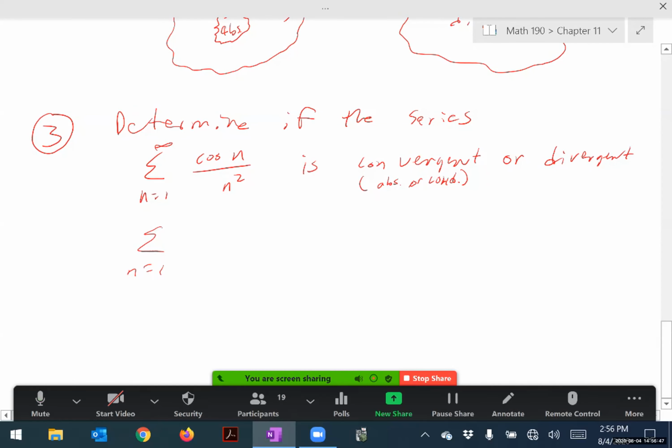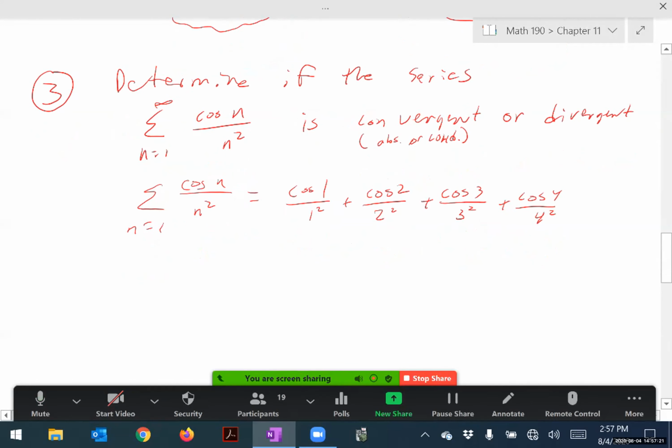Well, the summation of cosine n over n squared is equal to cosine of 1 over 1 squared plus cosine of 2 over 2 squared plus cosine of 3 over 3 squared plus cosine of 4 over 4 squared.